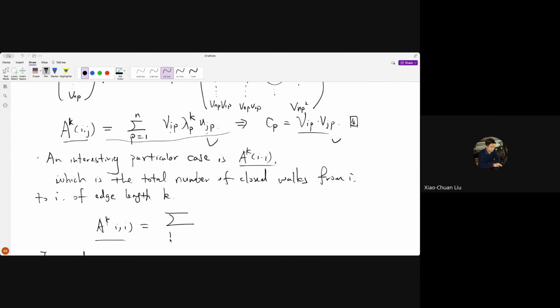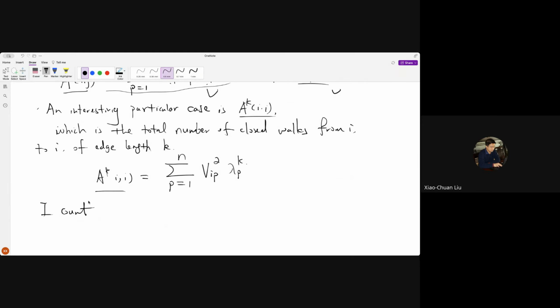So let p go from 1 to n, you have V_ip squared lambda p to the power of k. Okay, I see. So it's not very clean at this point, but I know what's going on. I count all the closed walks of edge length k.